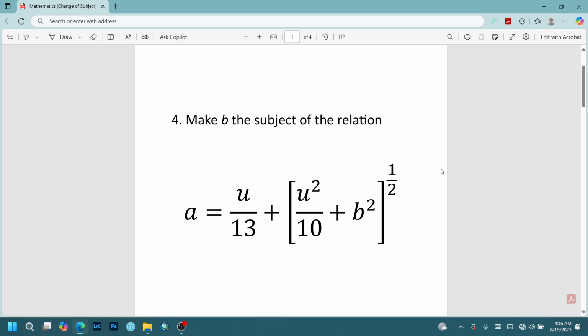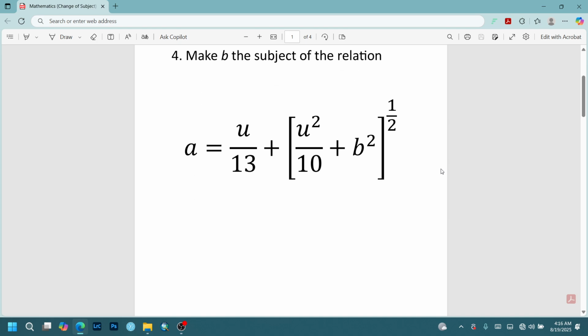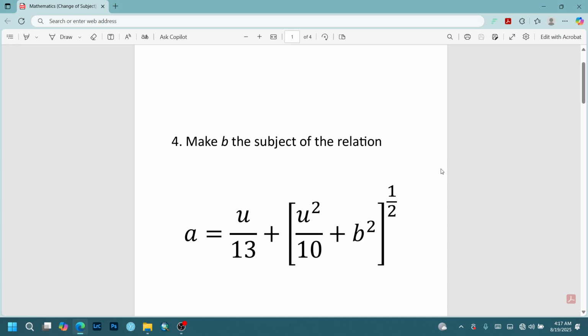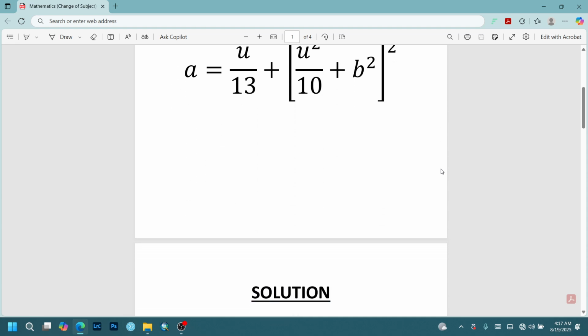Our given equation is A equals the fraction U over 13 plus, in brackets, the fraction U squared over 10 plus B squared, to the power or exponent 1 over 2. So we have to make B the subject of the relation.